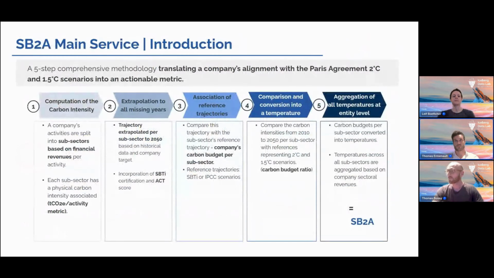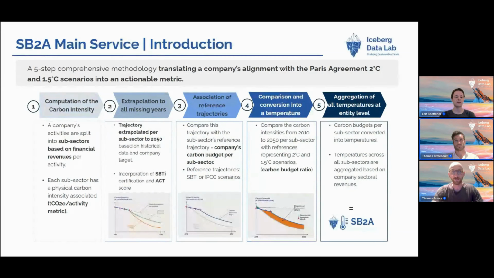Now, if we go into the SB2A main service approach, it's a 5-step methodology that translates companies' alignment with the Paris Agreement and the 2 degree or 1.5 degree scenarios.